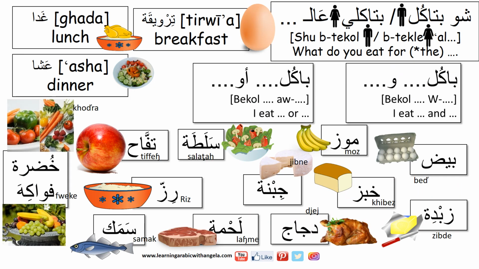Now to ask someone what they eat for breakfast or lunch or dinner, we know that أنا باكل is the conjugation for I eat, or simply باكل. You eat for the masculine, أنت بتاكل, or we can say تاكل. And for the feminine, بتاكلي. So we're going to ask شو بتاكل عالترويقة?